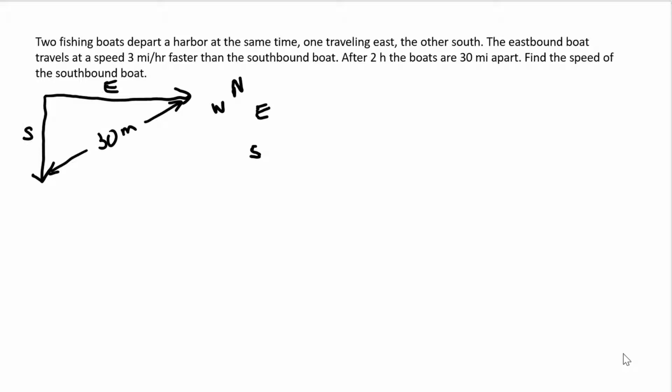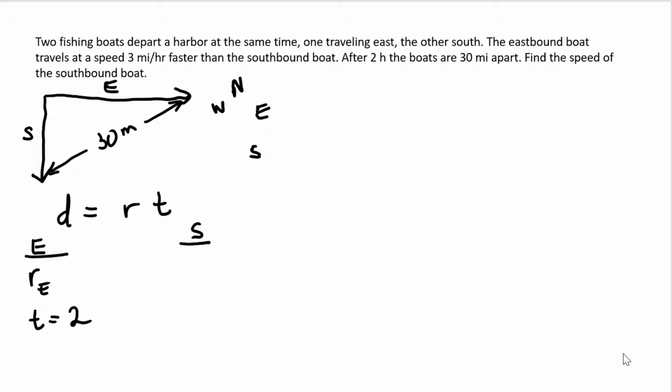We know, if we look at this, the eastbound boat travels at a speed 3 miles per hour faster than the southbound boat. So we'll begin with the setup of the uniform distance formula, which is distance equals rate times time. Okay? For eastbound, we have a rate that we'll just call RE, and the time traveled is 2 hours.